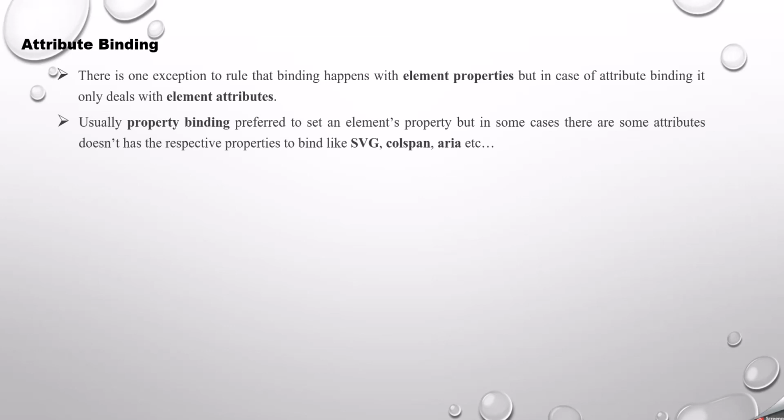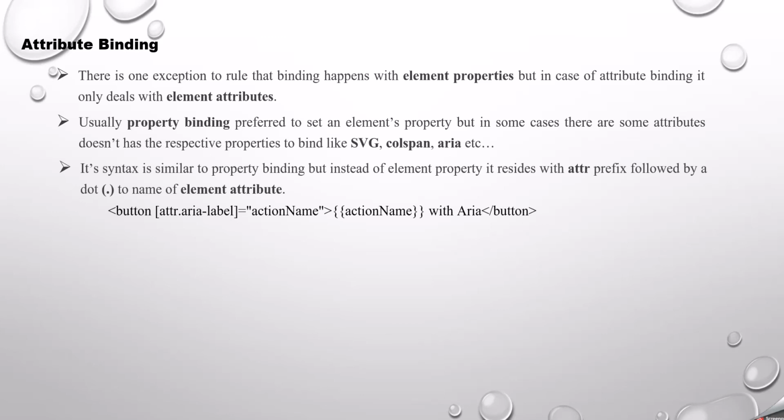There is one more way to go with colspan, but it has a different syntax that I will show you, and aria also in action. The syntax is similar to property binding, but instead of the element property, it uses the attr prefix followed by a dot and the name of the element attribute.